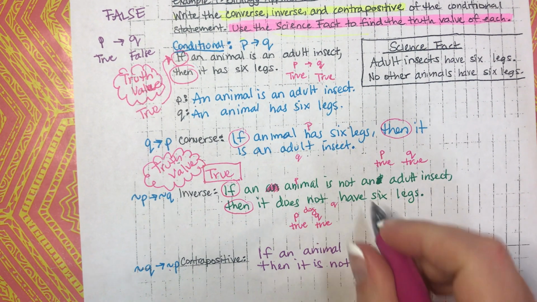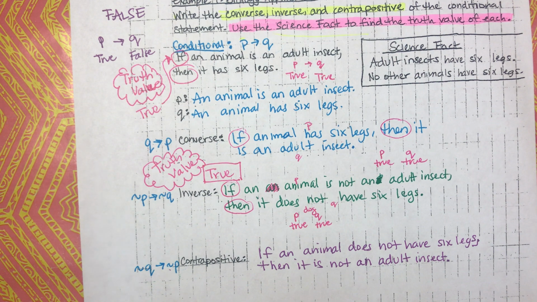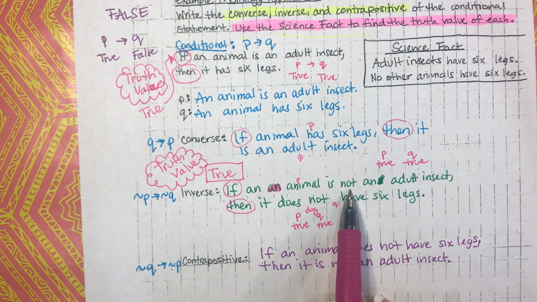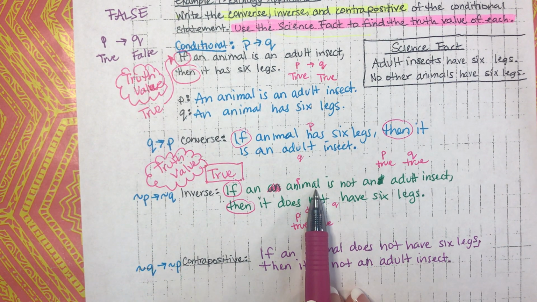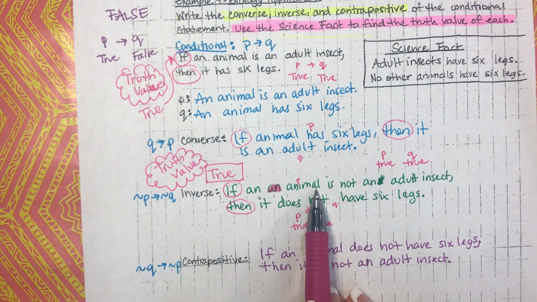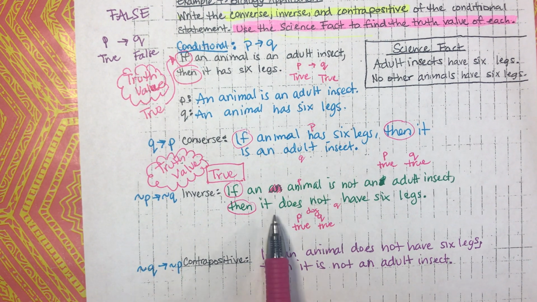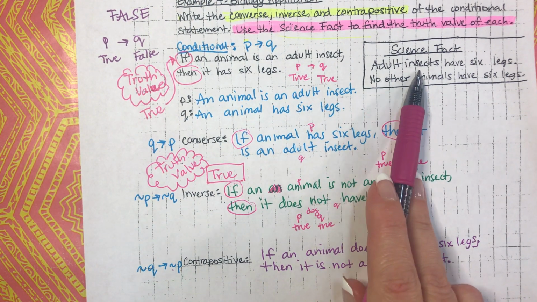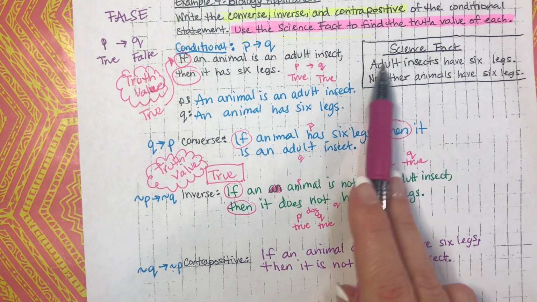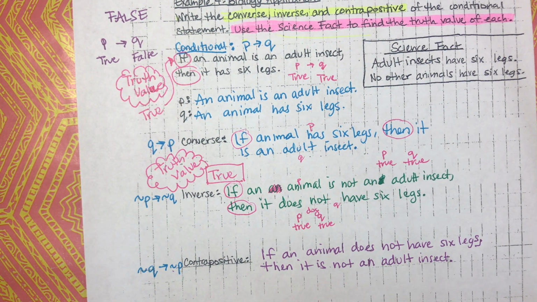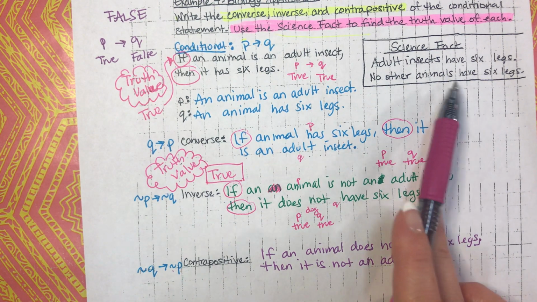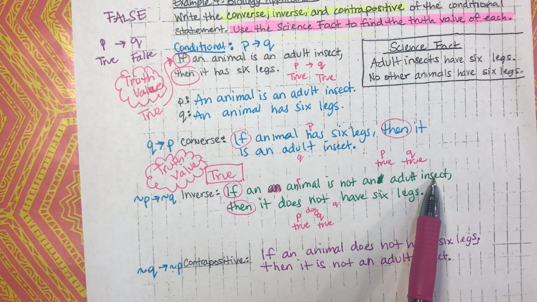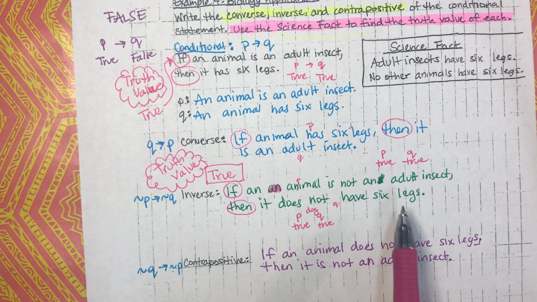If we were talking about a dog, what would there be something that would make that true? So an animal is not an adult insect, like an elephant or something in the ocean, like a seahorse, then it does not have 6 legs. It says no other animals have 6 legs. Adult insects have 6 legs. So to me, this is the only thing that has 6 legs. So if it is not an adult insect, then it does not have 6 legs.